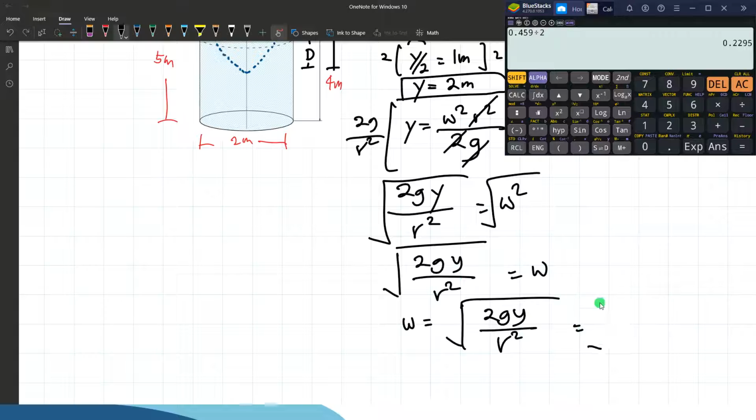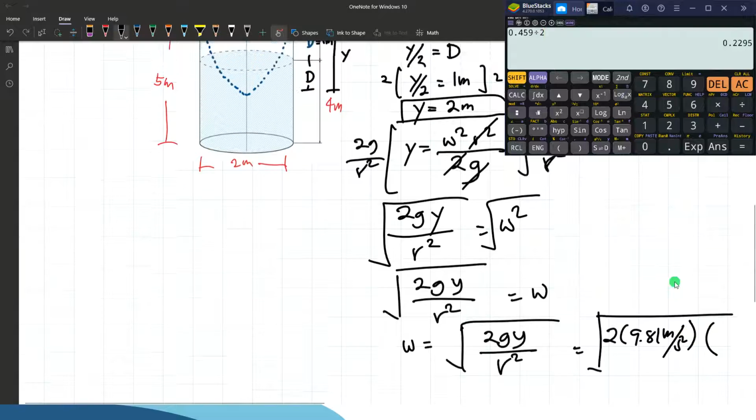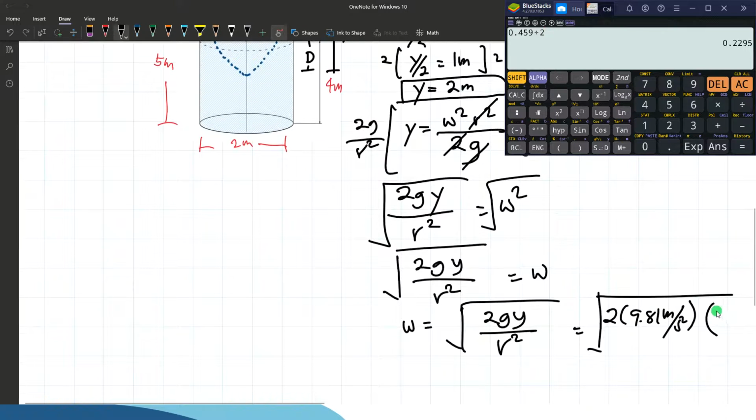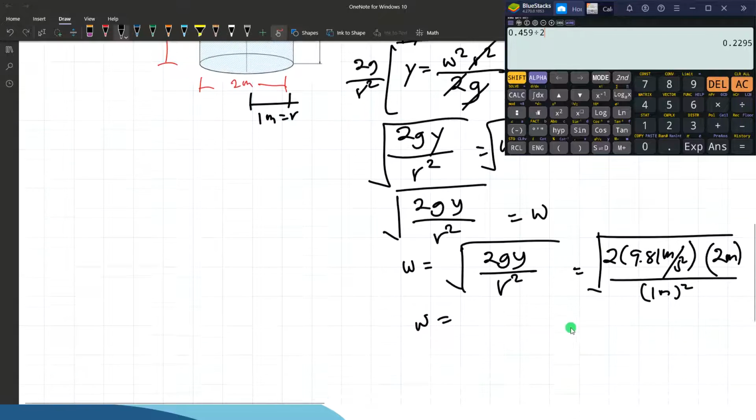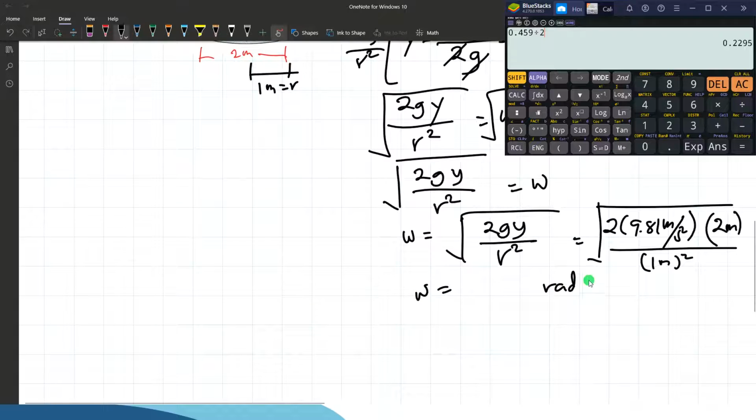Substitute the given. We have 2 times g, 9.81 meter per second squared, y should be 2 meters, divided by R squared. The radius is 1 meter, so 1 meter squared. The W will be in rad per second.